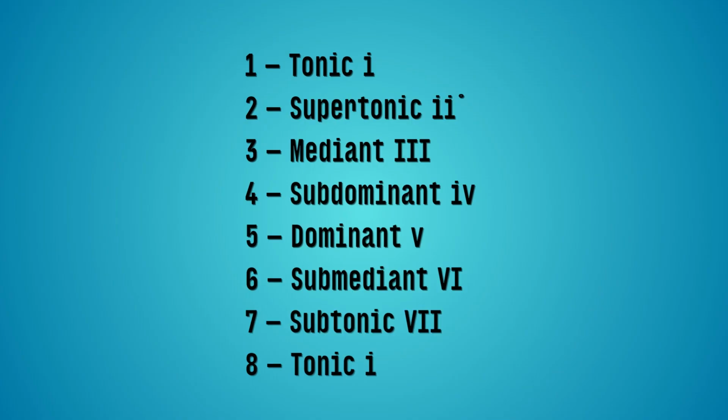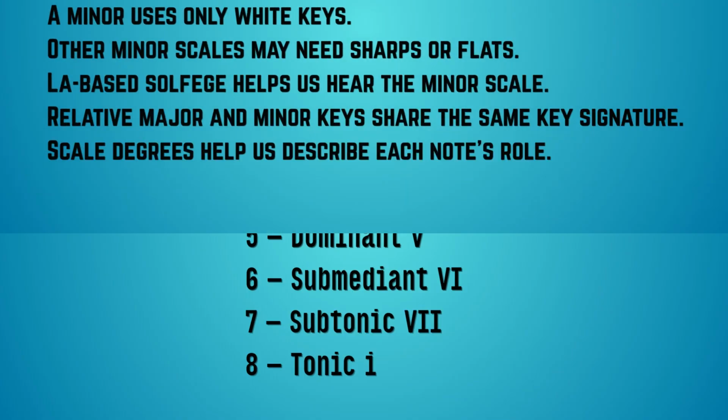The lowercase tonic chord tells us that the home chord is minor. You do not need to memorize every chord quality immediately, but it is useful to begin recognizing how Roman numerals communicate both the scale degree and the quality of the chord.